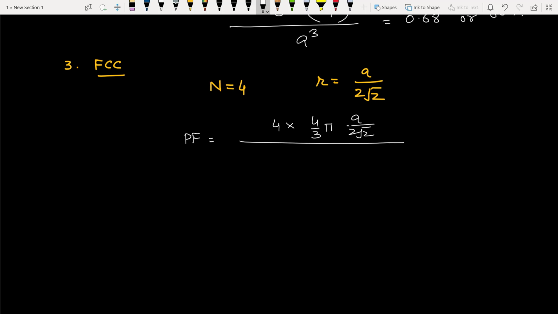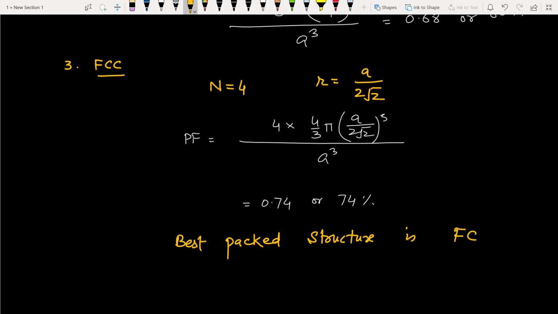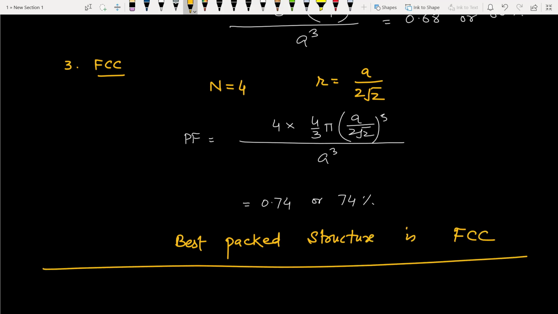So we get 4 into 4 by 3 pi (a by 2 root 2) cube divided by a cube. When you solve this, it will be 0.74 or 74%. So what is the conclusion? The best packed structure is the FCC structure, because here the packing fraction is 74%.